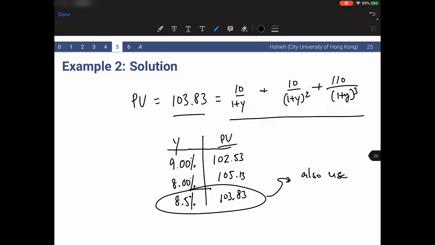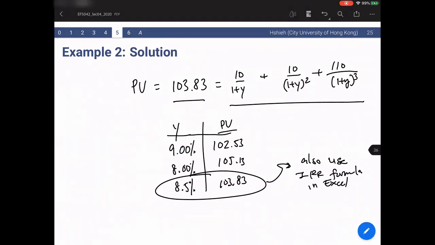Of course you could also use the IRR formula in Excel, with any guess. But just a note for bond valuation, your IRR formula will always give you a unique yield to maturity.